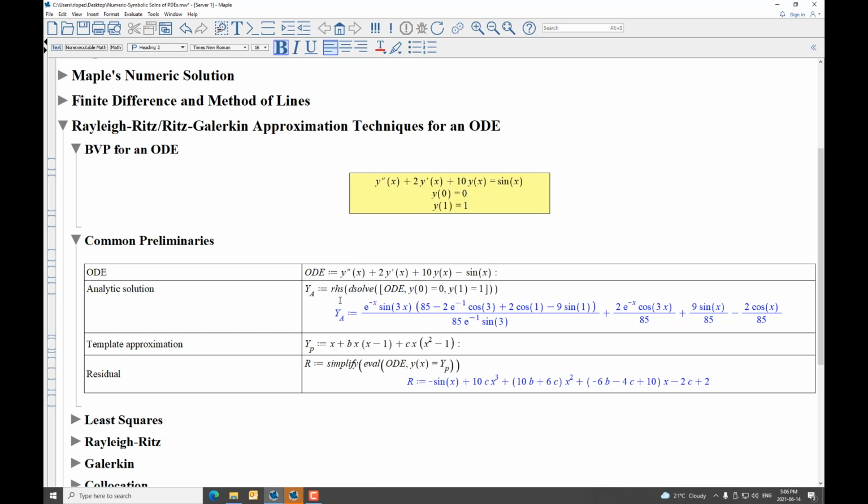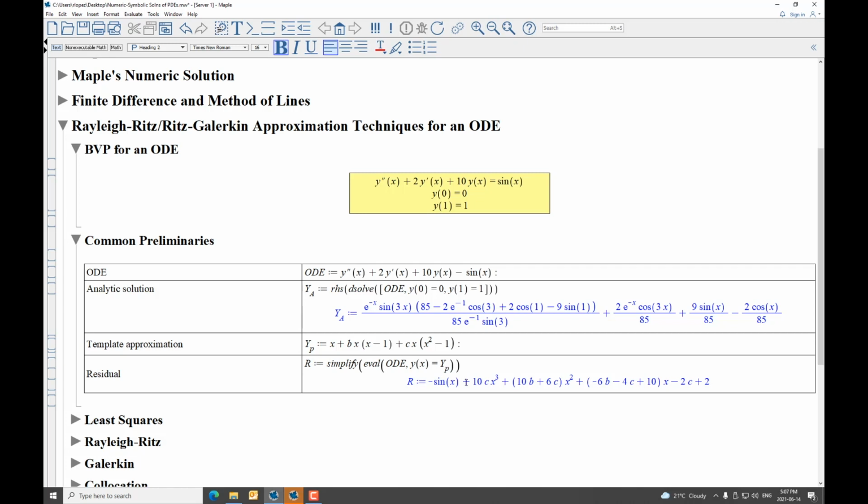Here's the differential equation. This is the exact solution. This is the template for the approximate solution. This part, containing the two unknown parameters b and c, satisfies homogeneous boundary conditions. This term here satisfies the inhomogeneous boundary conditions. Put this template into the differential equation.